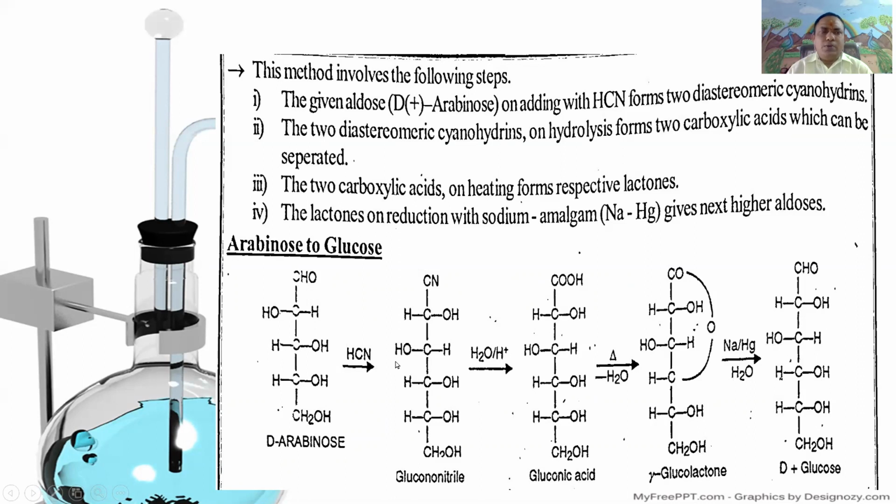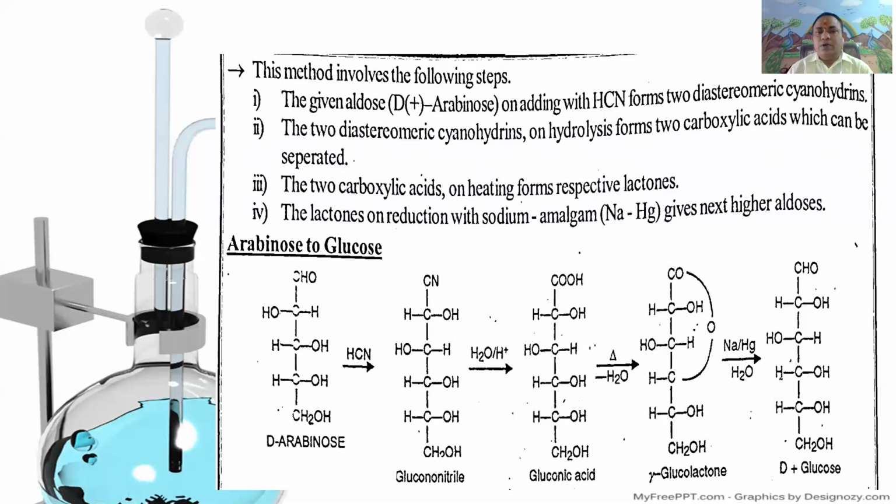It is a cyanohydrin addition product. The obtained product name is gluconitrile, CN, CHOH, CHOH, CHOH, CHOH, CH2OH, which undergoes hydrolysis.